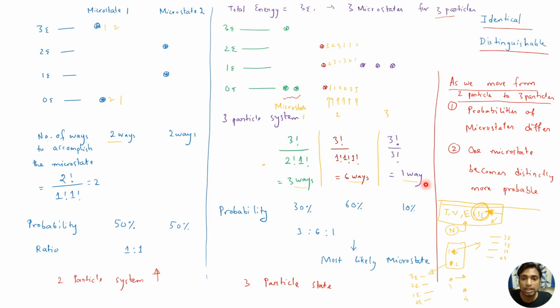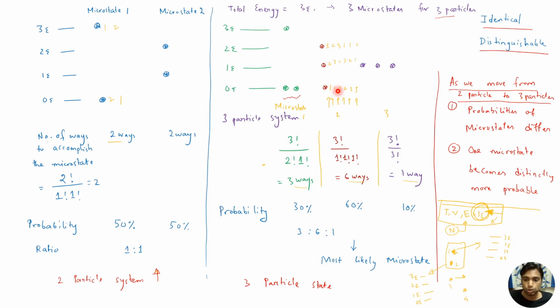So there are 10 microstates in which this macrostate can be obtained, and 6 of those correspond to microstate 2. So when you look at the system randomly, you are most likely to find the configuration in which one particle is in 2e, another particle is in 1e, and the third particle is in 0e.